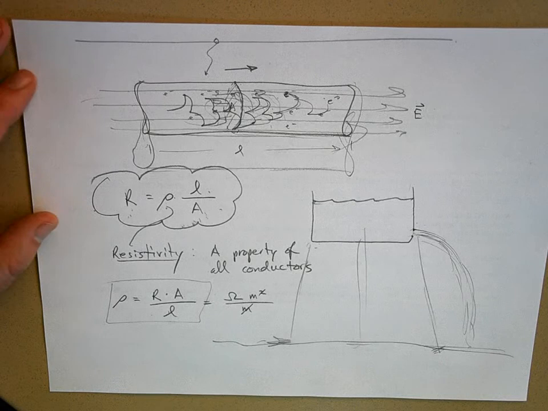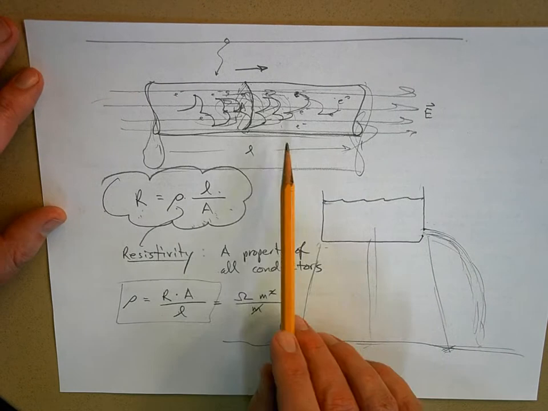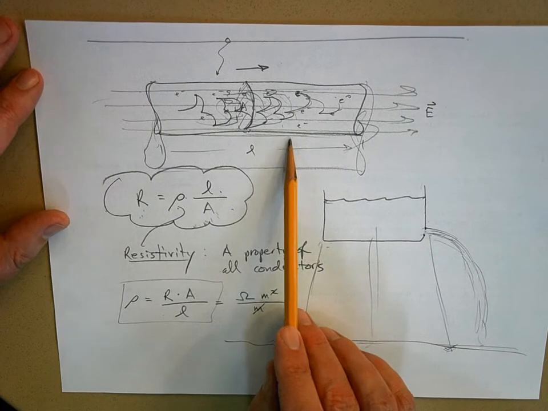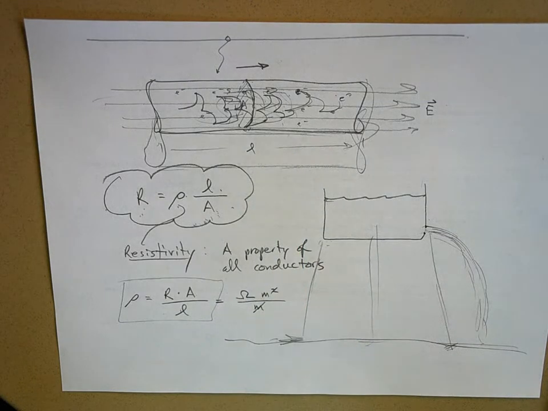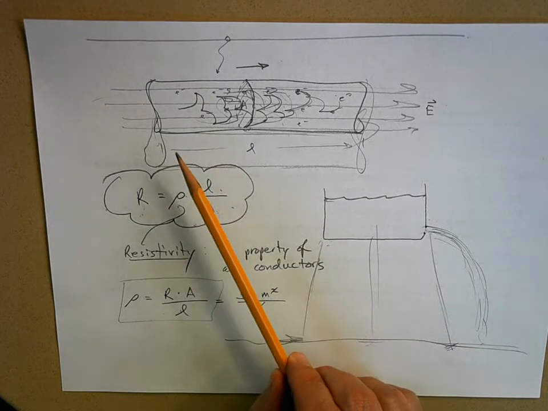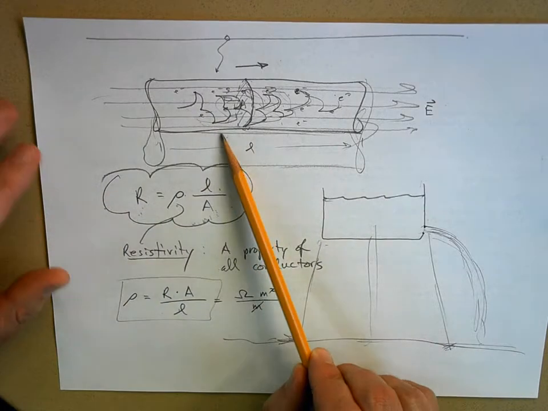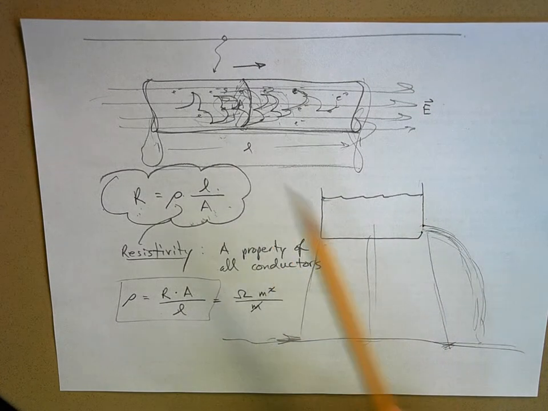It's kind of like people marching in a line, right? Let's say you got all these people and you want to get them somewhere. If they're really, really crowded, well, it's like traffic, right?